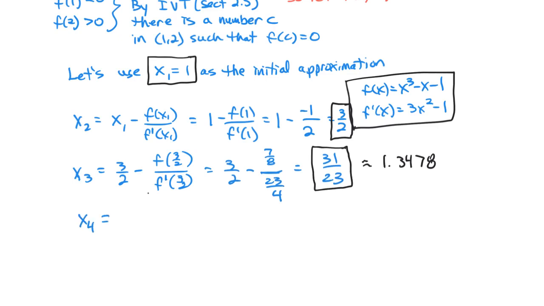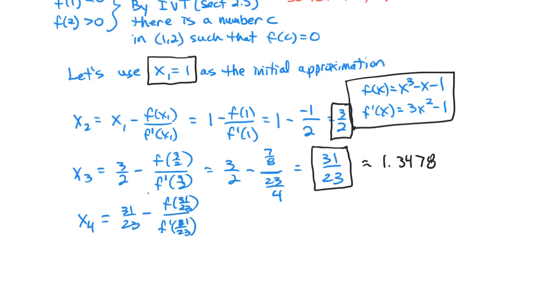And I'll just do one more without actually doing the work. If you went through the calculations, we're going to plug in 31/23. Let me write this to make it clear: 31/23 minus f of 31/23 divided by f prime of 31/23.